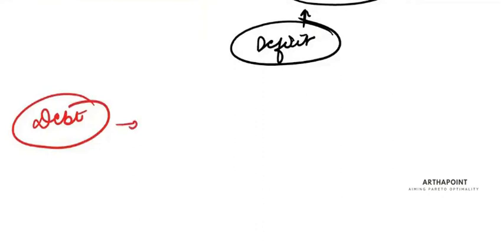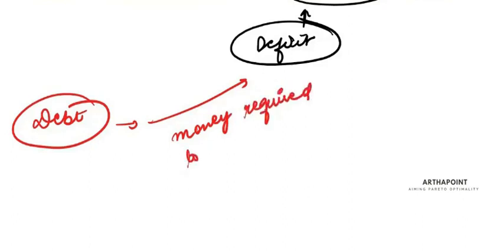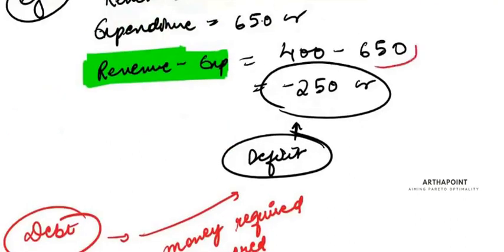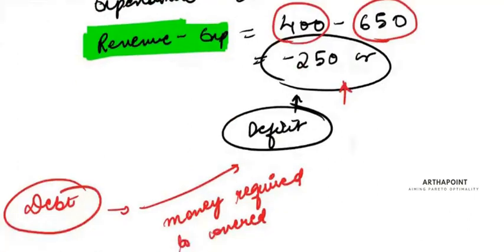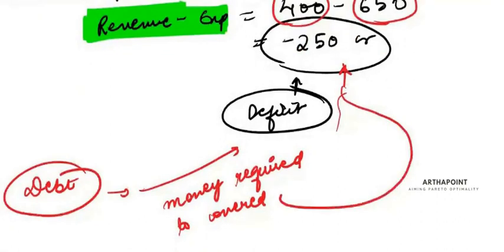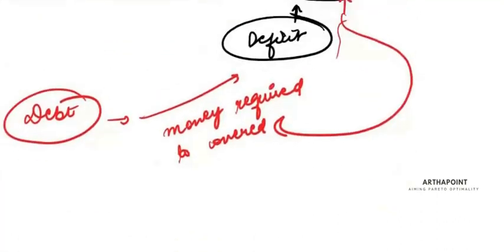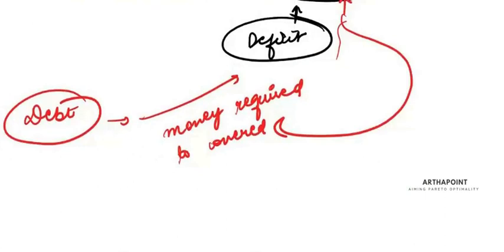Now, as against this, what is debt? Debt is basically the money that is required to cover the deficit. That's the amount of loan you will need, right? So, for example, if the government is spending 650, but the government is only earning 400, it is earning 250 less. So it needs to finance this 250 crores so that it can undertake the projects that it wants to undertake.